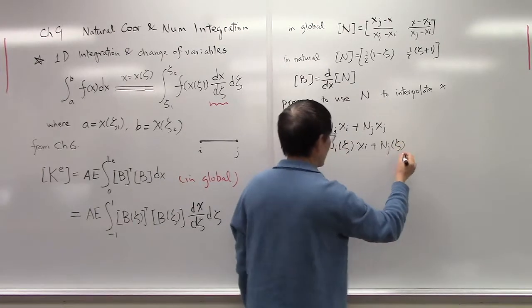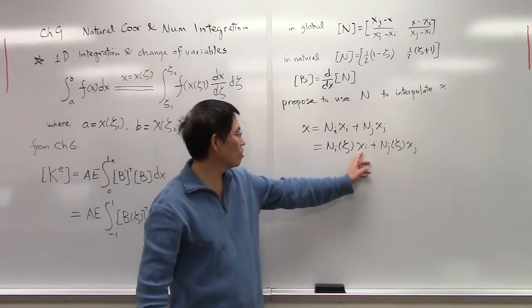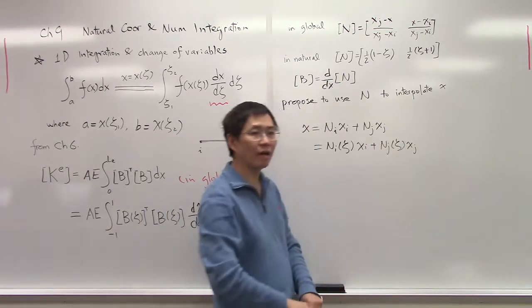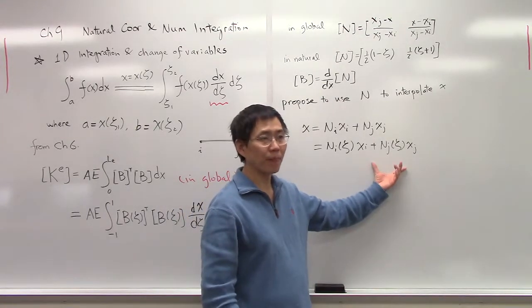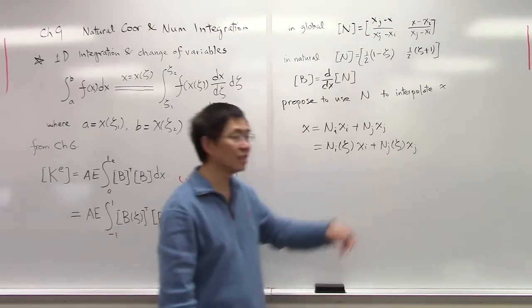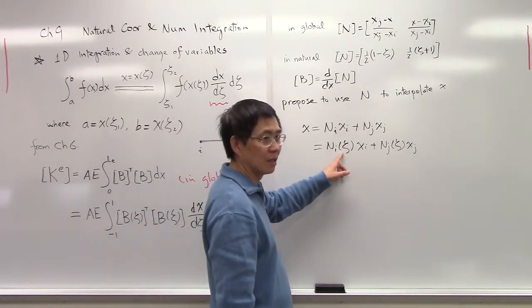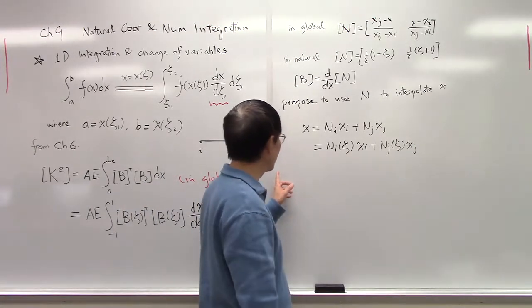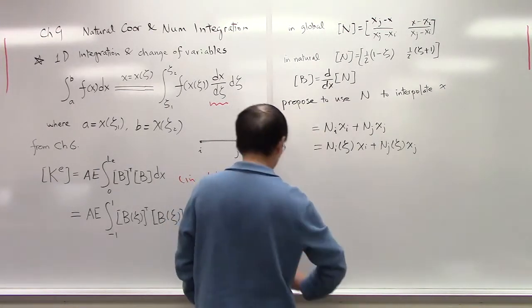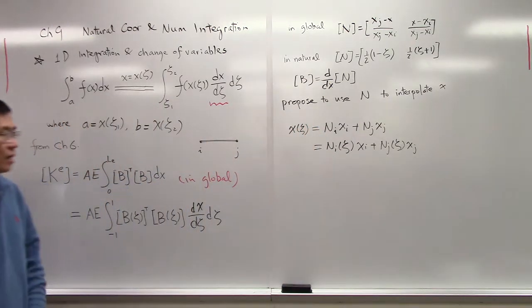Nj is also a function of theta. These nodal values xi and xj, they are parameters. Once the node position is given, as far as integration is concerned, they are constant. So what is changed is the natural coordinate from the left end up to the right end. So you can view it as a function of theta. So x is now a function of theta.